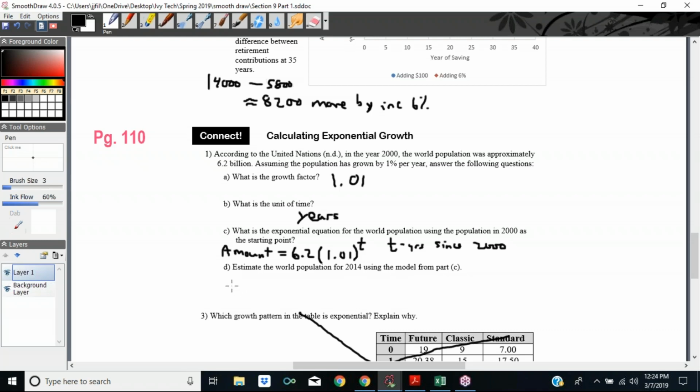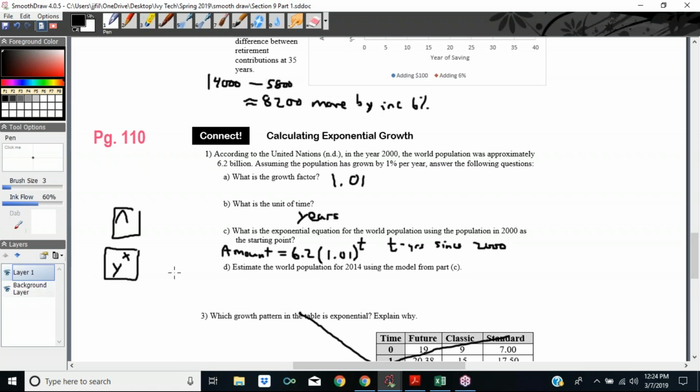The next question asks us to use this to estimate the population in 2014. I want to make sure that you can do this on your calculator. You're either going to use the caret button and then the number of years, or there might be a y to the x button on your calculator.